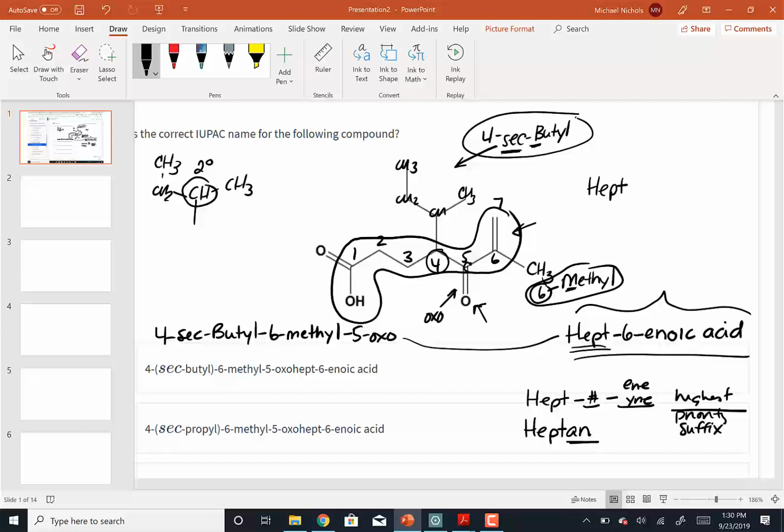Because if you forgot the oxo, or you numbered this wrong, or you had a dimethyl and only put one number in, where's the other methyl go? Any kind of ambiguity, or if the structure's not correct, then you've drawn the wrong structure, or you've gotten the wrong name.